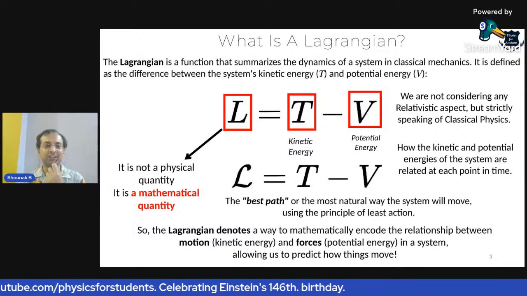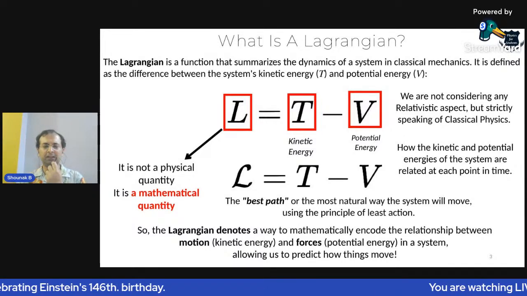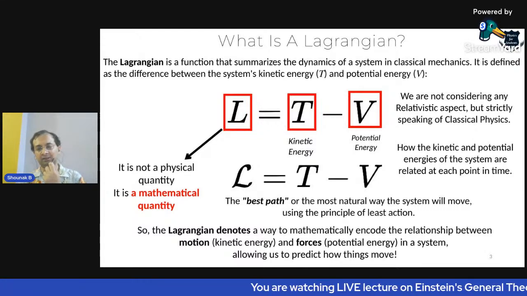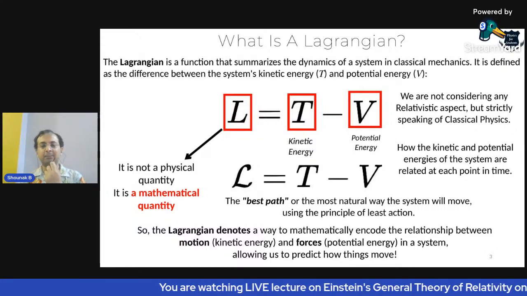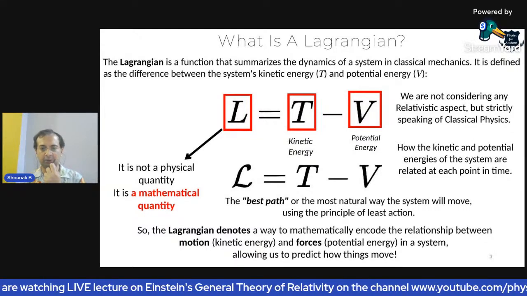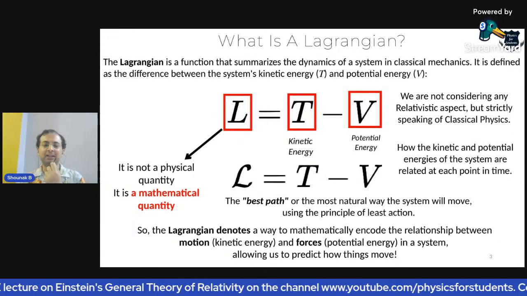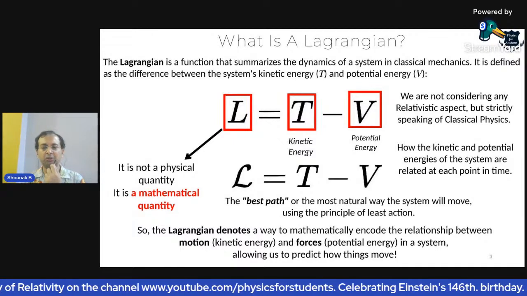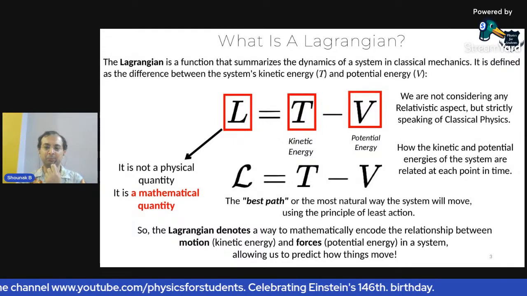You cannot see it doing some kind of physical outcome. This is purely a mathematical quantity. Sometimes it is also written as a curly L, which I have written at the bottom. And we can say that the Lagrangian is basically the best path, or the most natural way the system will move, using the principle of least action.